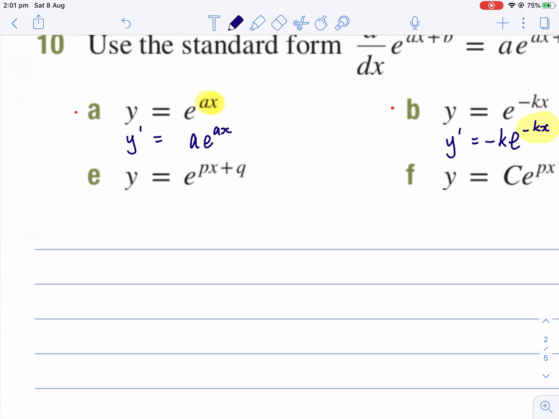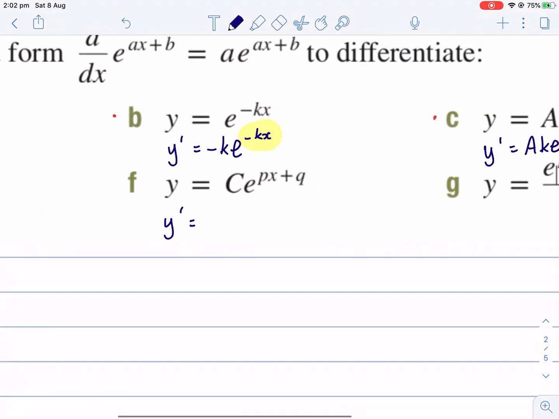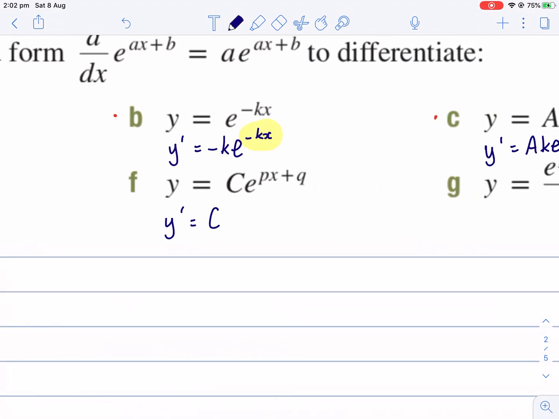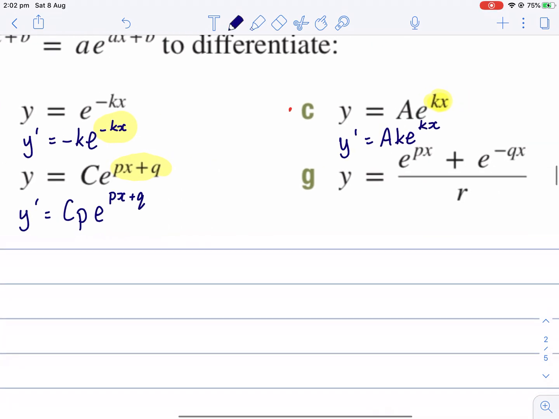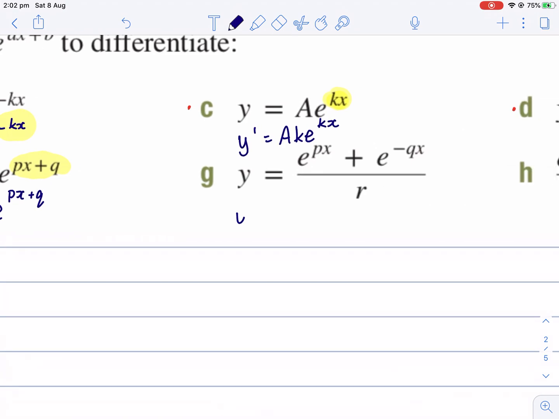All right, this one, the derivative of this thing is just going to be p. This one, the derivative, we've got c times the derivative of this one, p e to the px plus q. This one, we're going to have everything on r anyway, but for e to the px, we've got p e to the px.